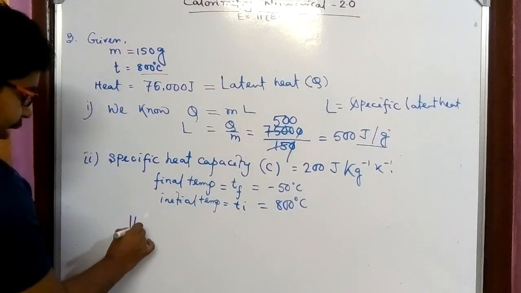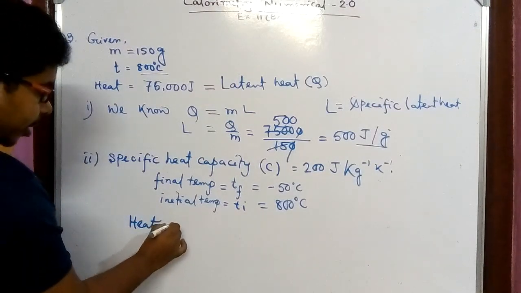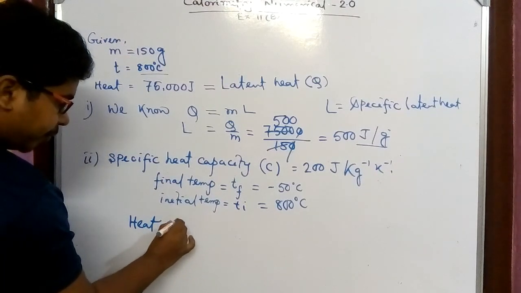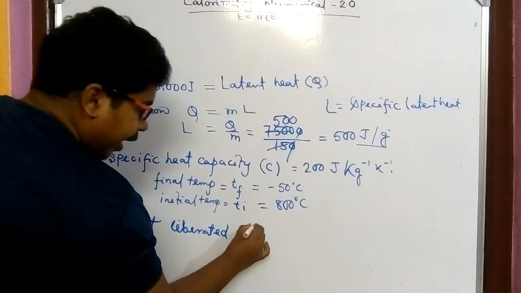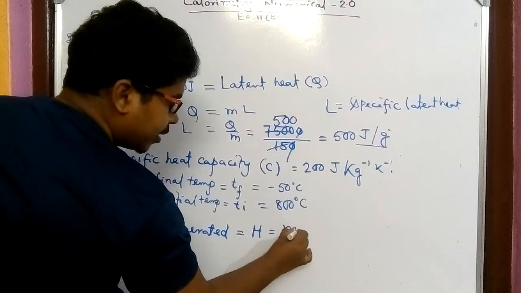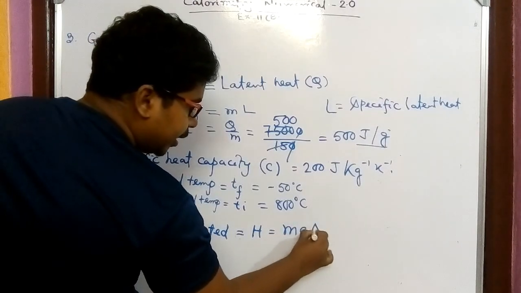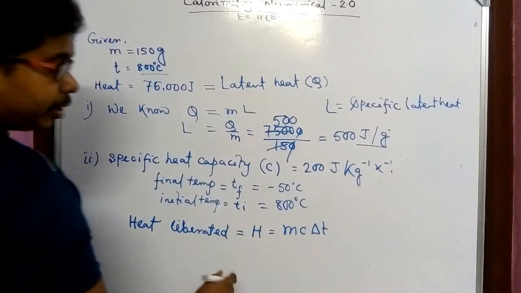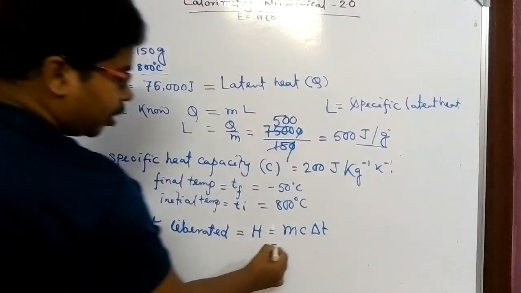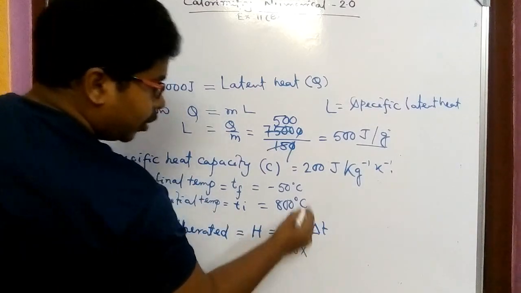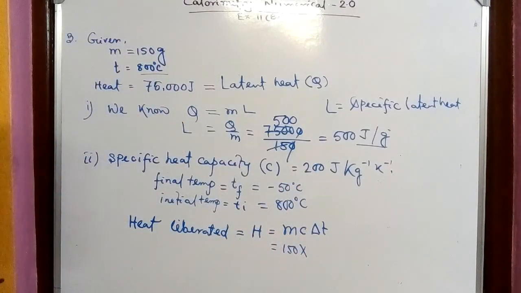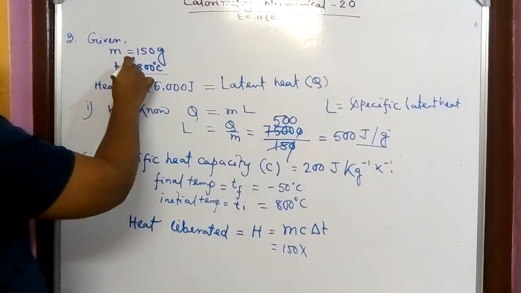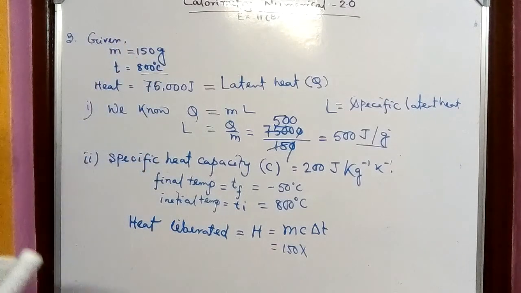We know that heat given out or heat liberated, denoted as H, equals mc del T, where del T is the temperature difference. The value of m is 150 and the value of c is 200 joule per kg. Now here there is a problem: the mass is given in 150 gram and here it is given in 200 joule per kg.